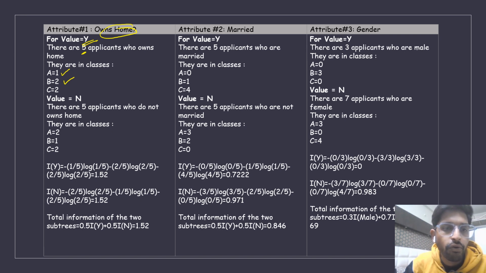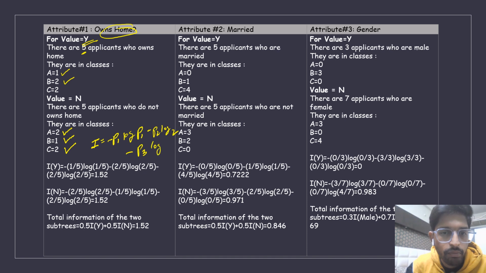Similarly for the no values, there are 2 from A class, 1 from B class and 2 from C class. We calculate the information using the formula I equals minus P1 log P1 minus P2 log P2 minus P3 log P3 and so on.